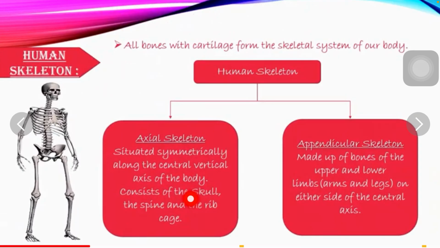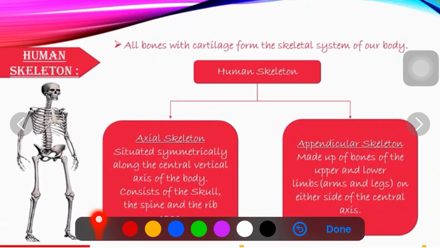It consists of the skull, the spine and the rib cage. These three are included in the axial skeleton type. Next is the appendicular skeleton. This is made up of bones of the upper and lower limbs, that is arms and legs, on either side of the central axis.